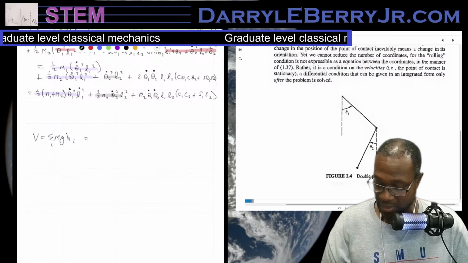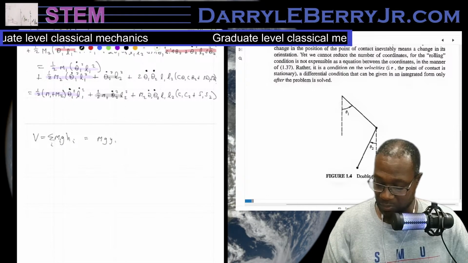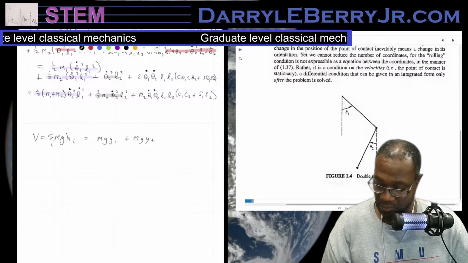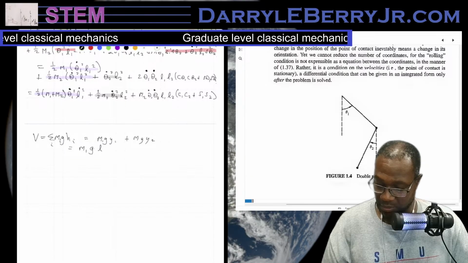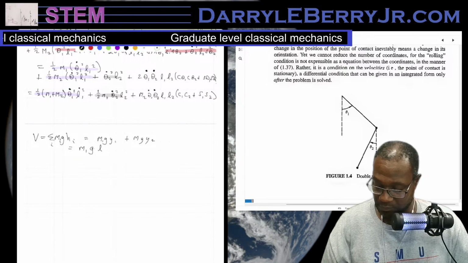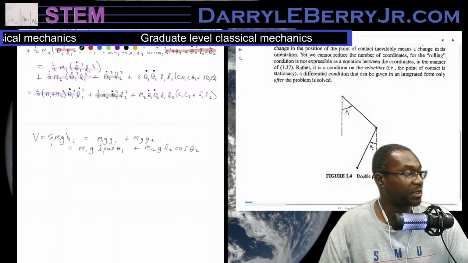So we have mgy1 plus mgy2, which equals m1 g l cosine theta 1 plus m2 g l2 cosine theta 2, if I'm remembering that properly.